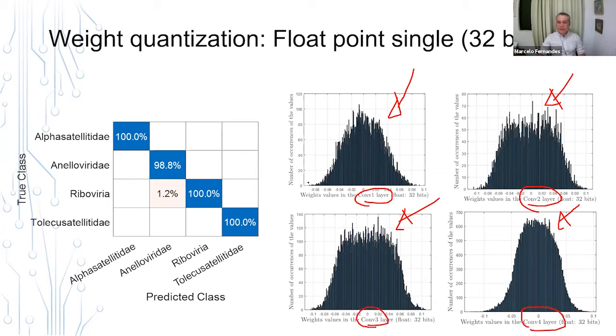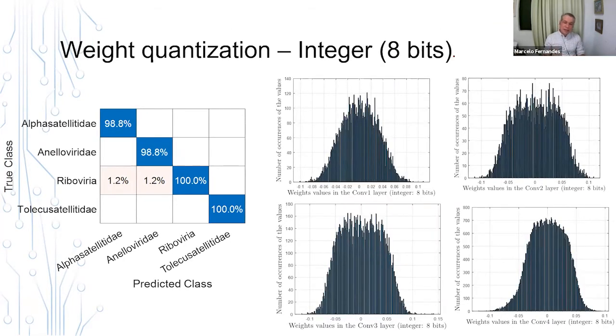It's all the weights, the weights distribution. And this is a confusion matrix using 32 bits. In this case it's a normal case where I'm not using quantization. In this case I used 8 bits quantization.